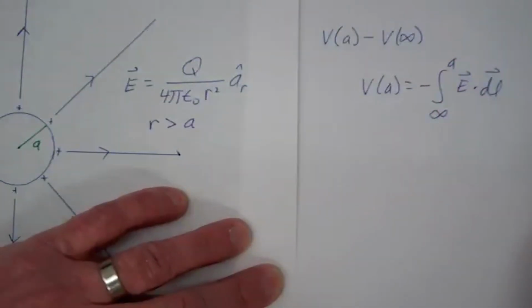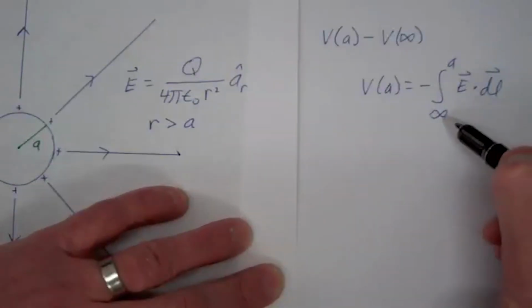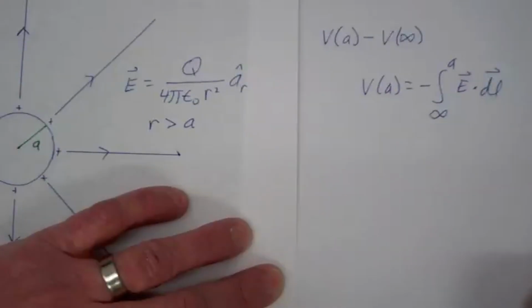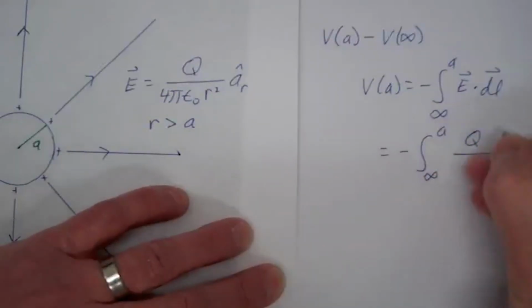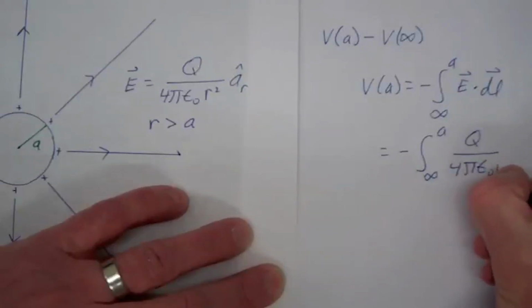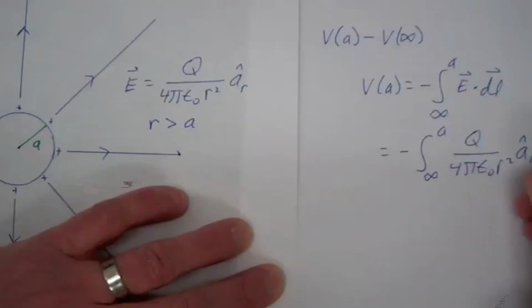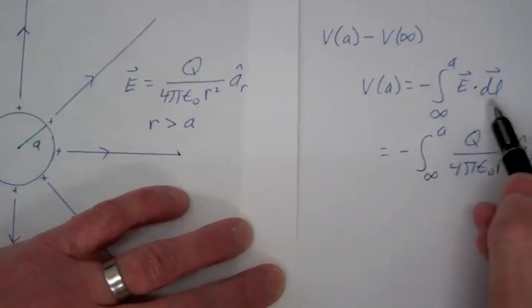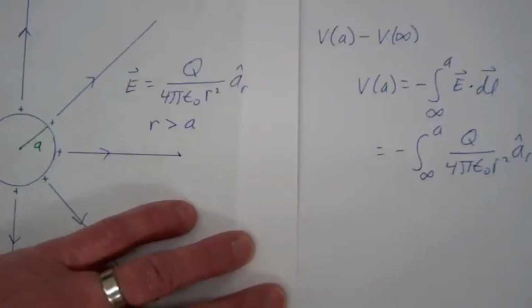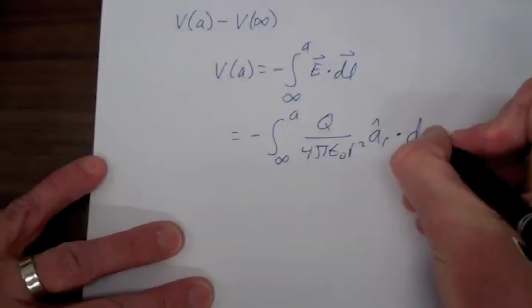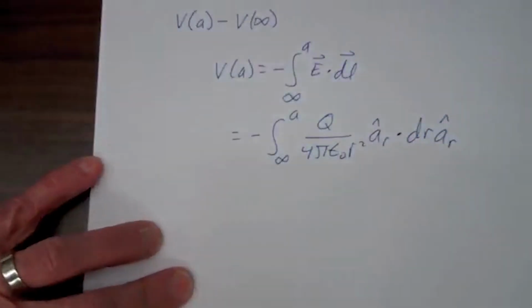So that's the amount of work it takes to bring 1 coulomb of charge from infinity to our sphere. So let's put in the form of our electric field intensity. And now we have to dot it with our differential length. And in a static situation, the path we take does not matter. So let's just take a path along a radial direction. So dL is going to be dr in the a sub r direction.